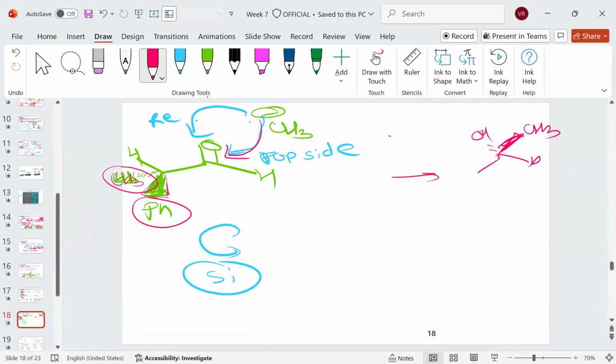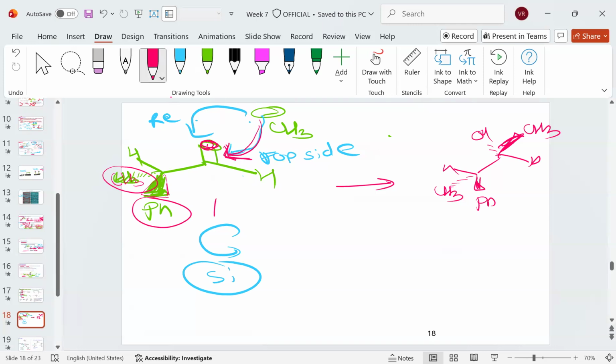Because this attack takes place from the si face. This si face and re face is important when we are explaining such trigonal systems, which are planar.